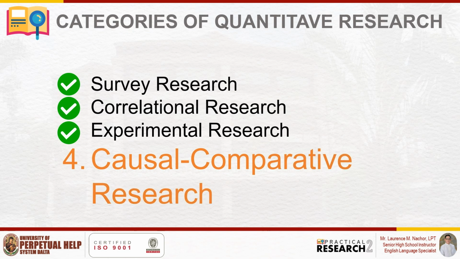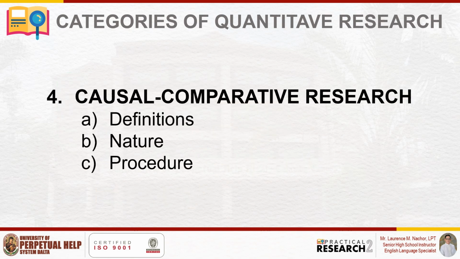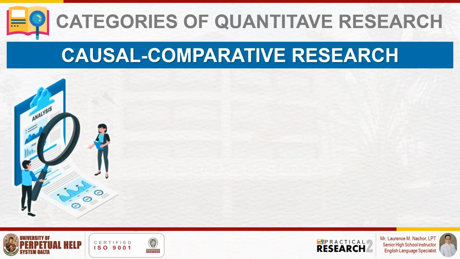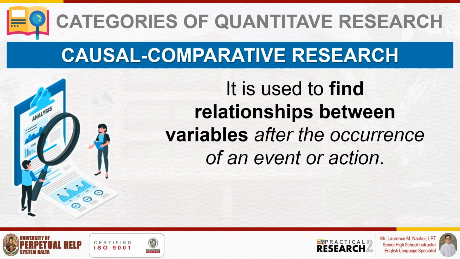There you go. So we're done with survey, correlational, and experimental. We come now to the last one, causal comparative research. This approach explores cause-effect relationships after an event has occurred, comparing groups based on existing differences.